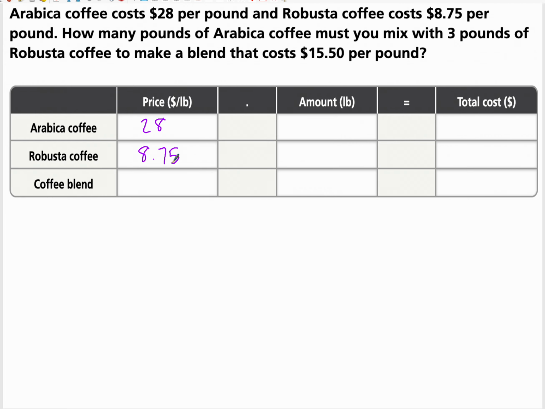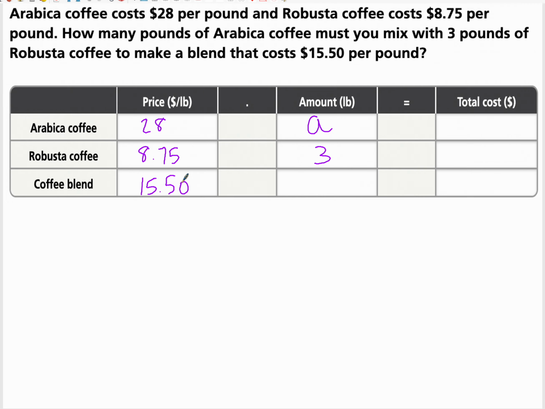How many pounds of Arabica coffee must you mix with 3 pounds of Robusta? So 3 pounds of Robusta, and we don't know how many pounds of Arabica coffee. They're asking us that to make a blend that costs $15.50 per pound. So $15.50 is what we want here.